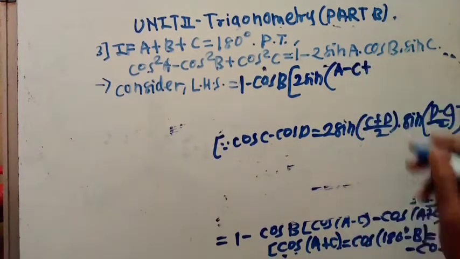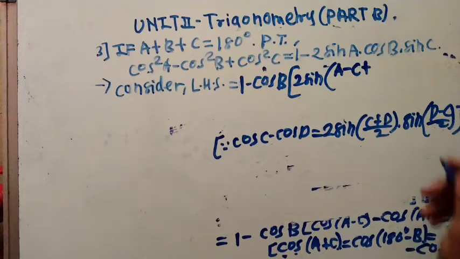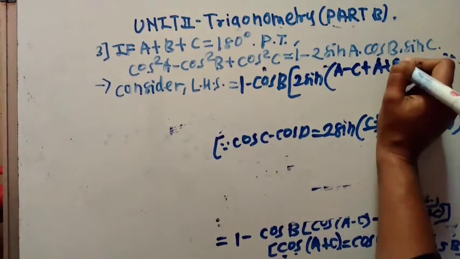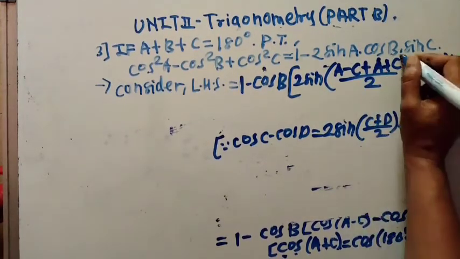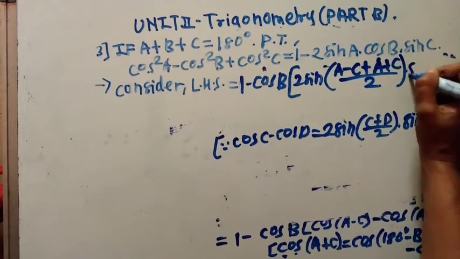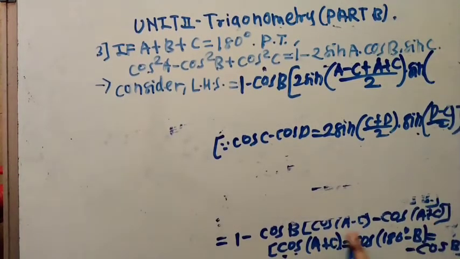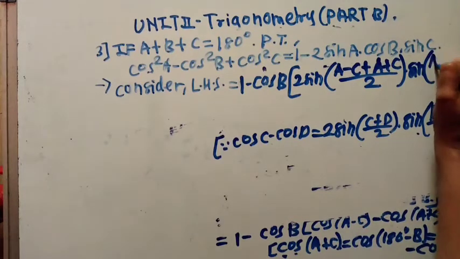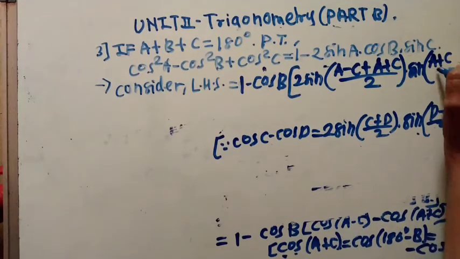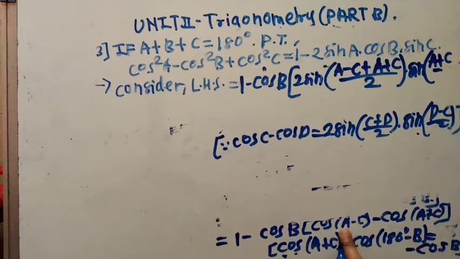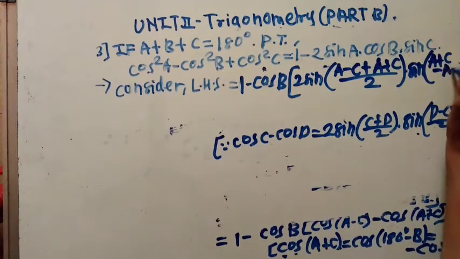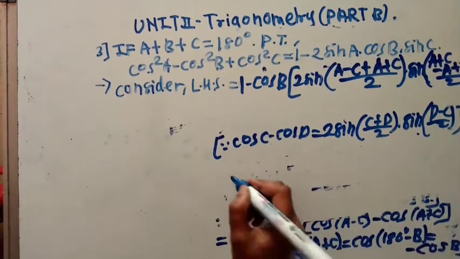Into sin((d − c)/2), d is a + c, minus (a − c), upon 2. Minus minus plus here.